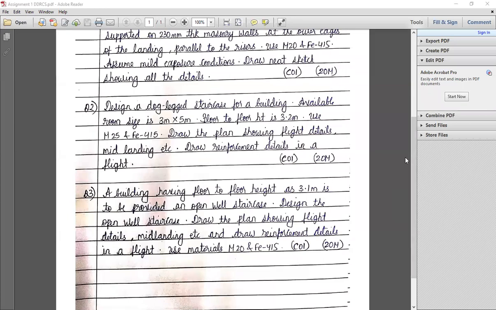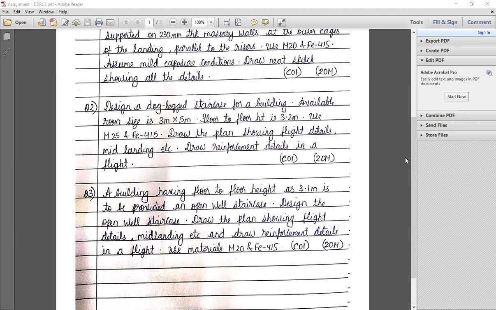So I think everyone has selected the same dimensions for the geometry of the staircase. What is the riser and tread considered? So, total number of risers are 20. Number of risers in each flight are 10 and treads 9.